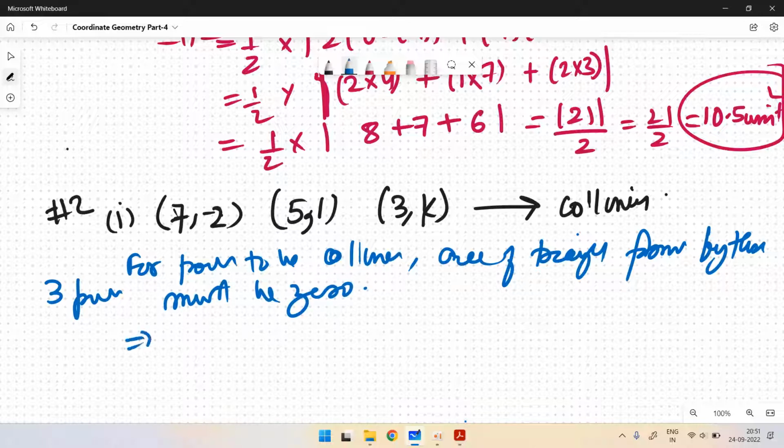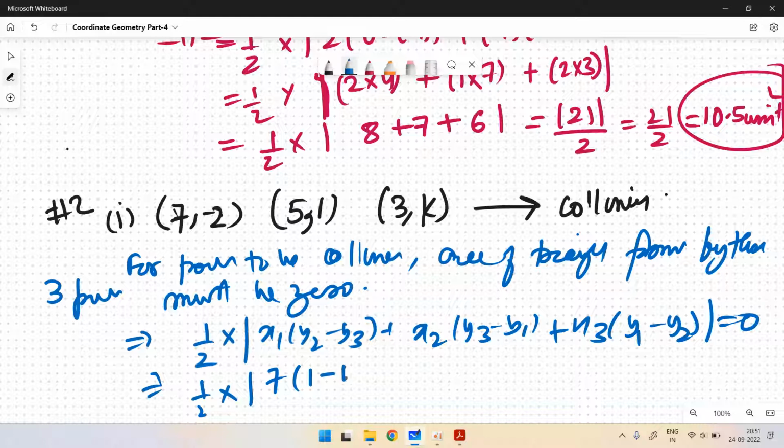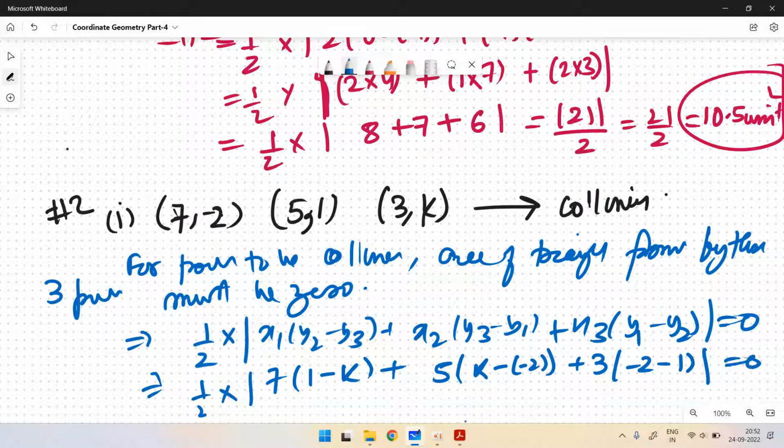Which implies that half into x1 (y2 minus y3) plus x2 (y3 minus y1) plus x3 (y1 minus y2) equals 0. I'm directly substituting the values: x1 is 7, y2 is 1 minus k, plus x2 is 5, y3 is k minus of minus 2, plus x3 is 3, y1 is minus 2 minus 1, into 0.